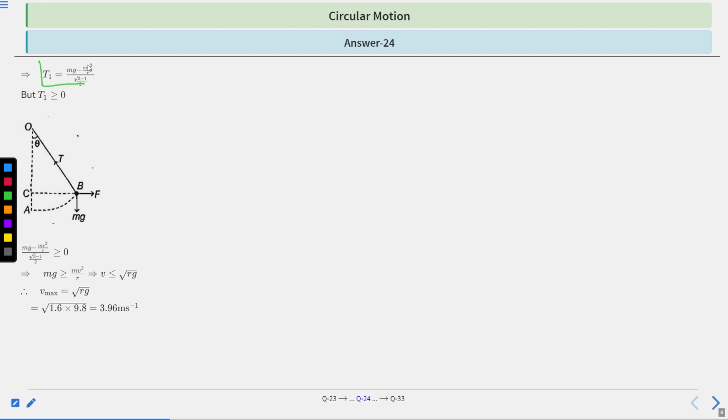But here T1 is greater than or equal to 0. Clear? And (mg minus mv square by r) divided by (root 3 minus 1) by 2 is greater than or equal to 0. Solving this term, you will get v maximum equals under root rg. Clear? V maximum equals under root rg. And putting in all the values, you will get 3.96 meter per second. Clear?